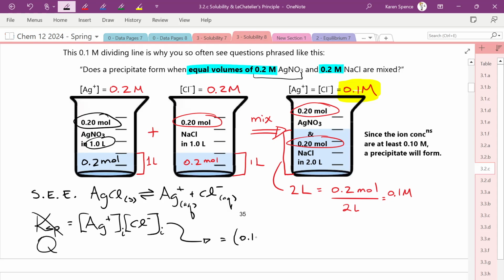So we have 0.1 times 0.1 is 0.01. Now, what if I were to tell you that KSP is equal to 1.8 times 10 to the negative 5?